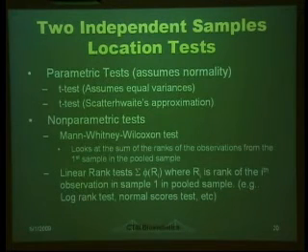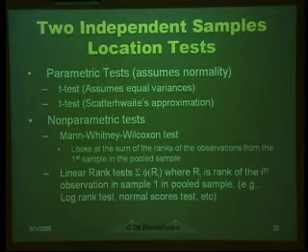There are other non-parametric tests here that are sometimes used. They're called linear rank tests. And again, I don't want to go into too much detail, but the idea is you have the rank of the ith observation in sample 1 in the pooled sample, and then you add those ranks up, similar to what you have in the Mann-Whitney-Wilcoxon test, except now you have some weight that you use.